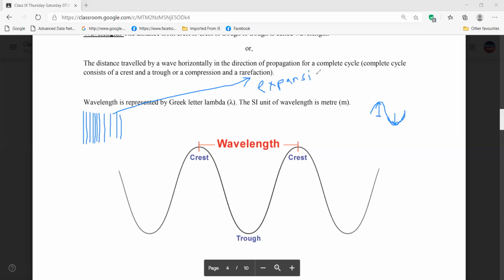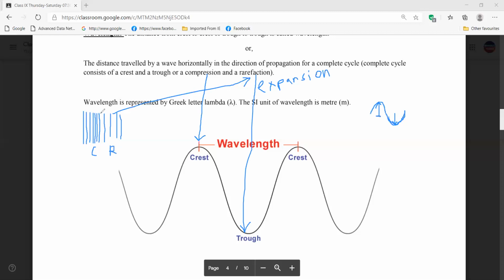So in our wave, the compression we are getting is represented by the crest, and the rarefaction or expansion we are getting is shown by the trough. Is it clear? Yes, sir. So one compression and one expansion make a complete wave.